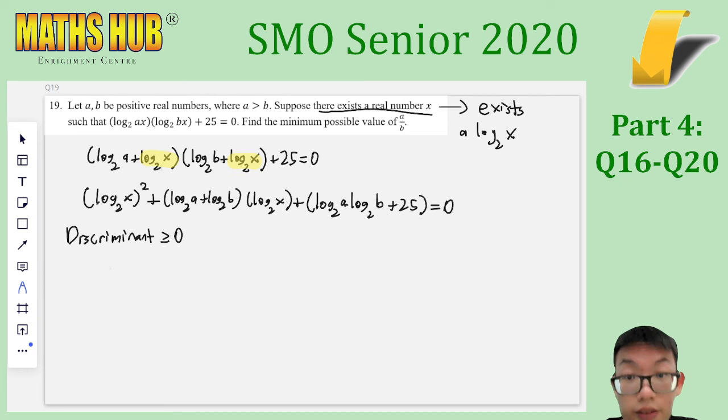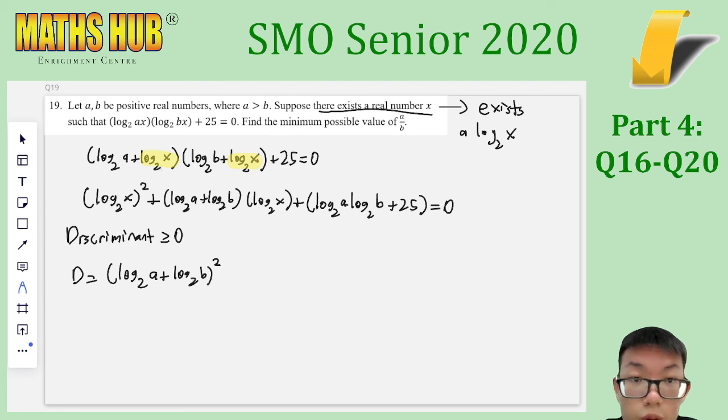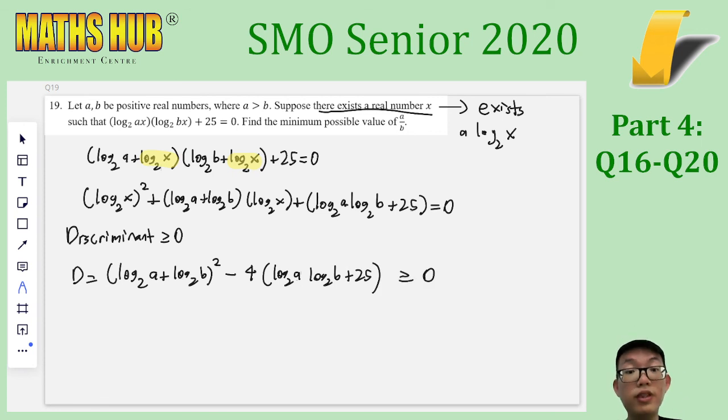So let's write it down. The discriminant is log 2a plus log 2b squared minus 4 times log base 2a log base 2b plus 25. And this should be greater than or equal to 0.